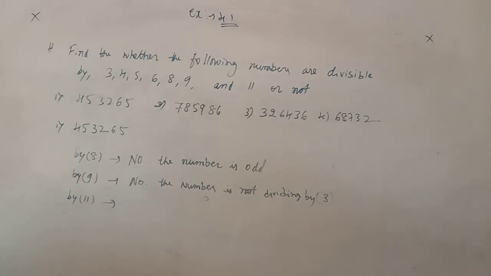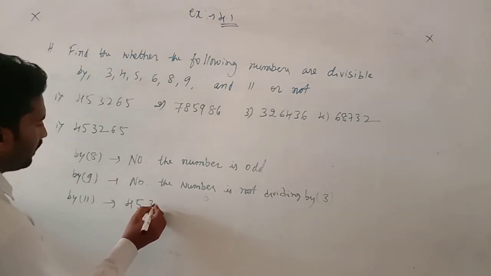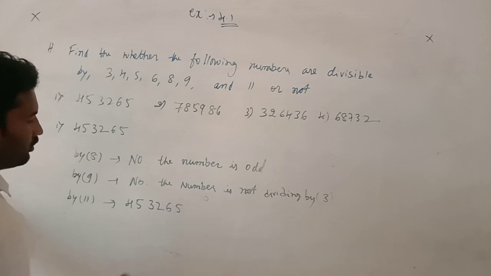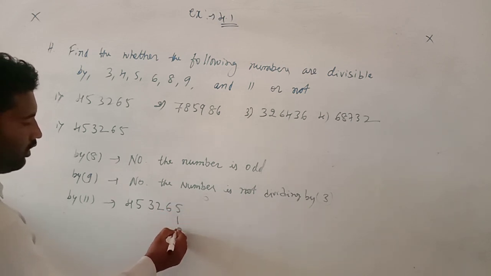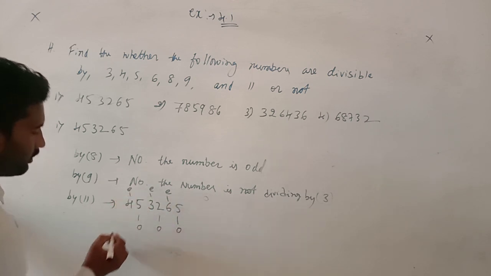Next, 11. What is the rule for 11? Sum of the even digits and sum of the odd digits. The number is 453265: odd, even, odd, even, odd, even.